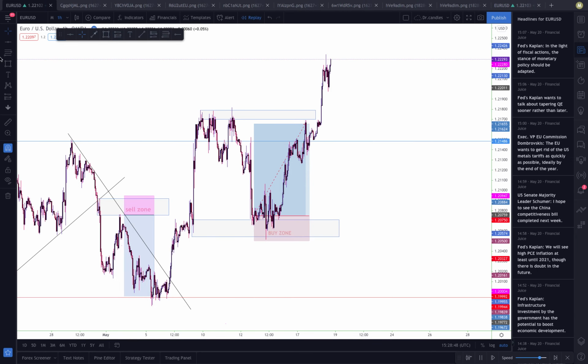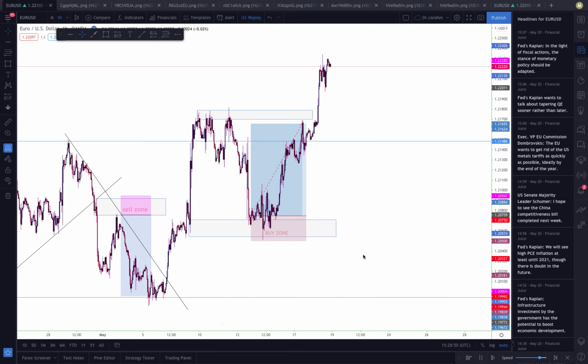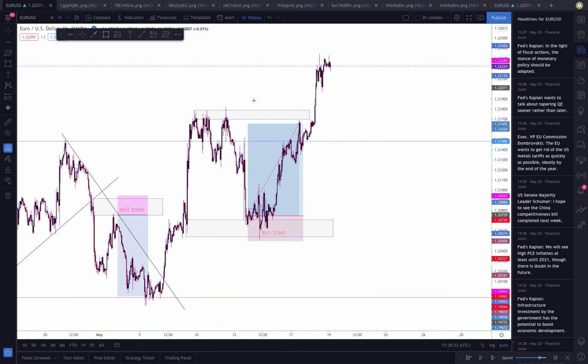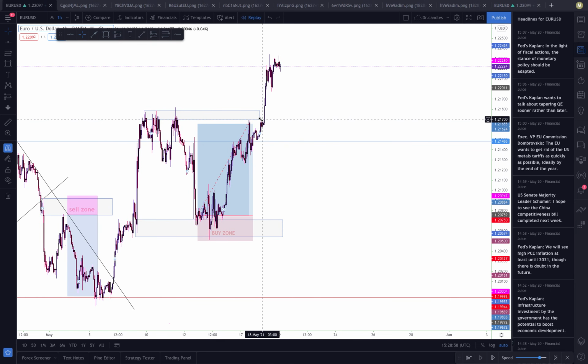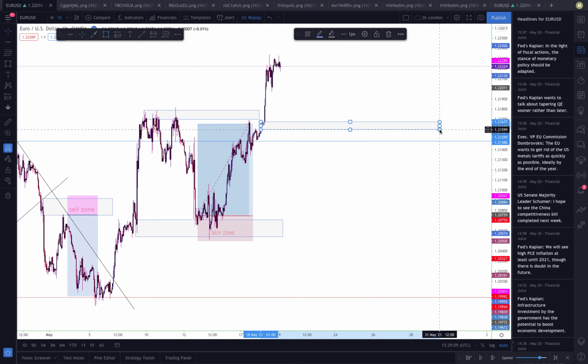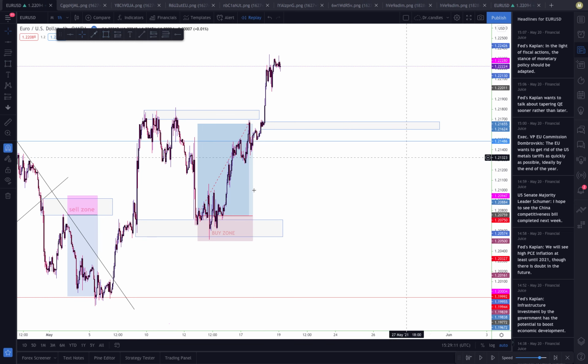So let us draw our demand zone here. Over here you can draw your demand zone like this. So let's see.